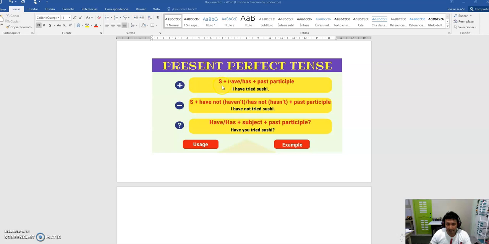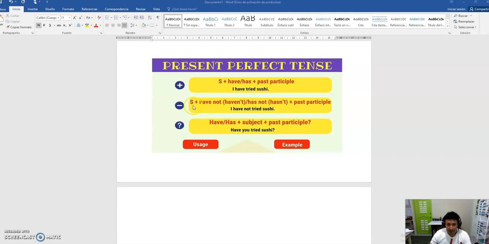The S means subject. This is the formula: subject plus have or has, depending on the conjugation of the person, plus past participle. Here we have one sample: I have tried sushi. Now let's see one more time this formula.